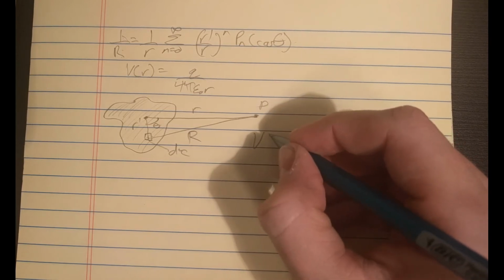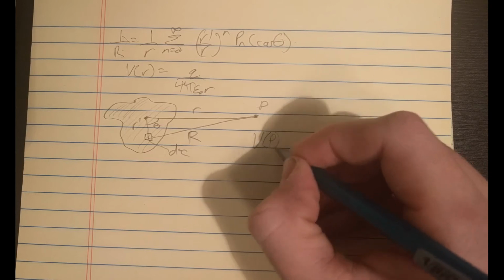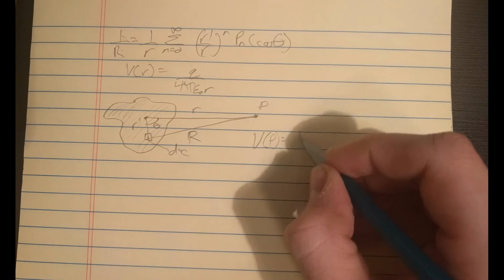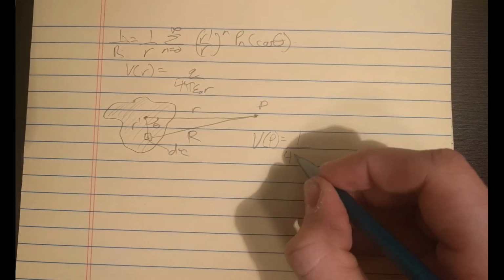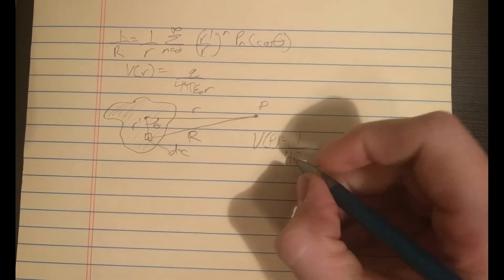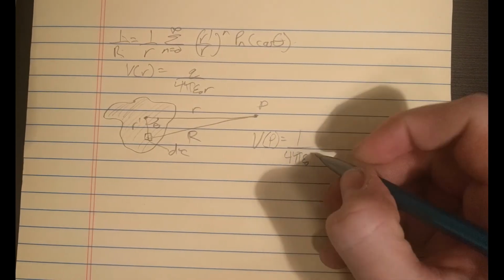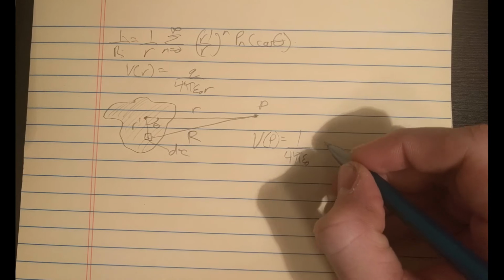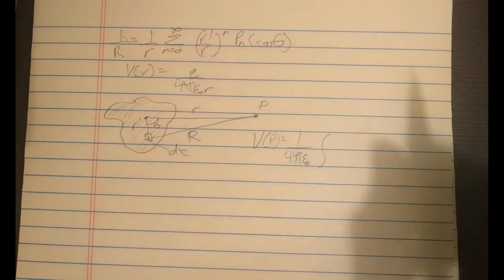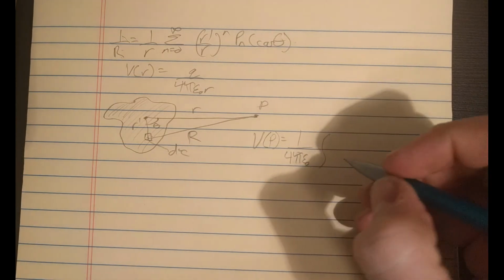Our potential at point P is going to be, we're going to have all its constants out front, 4 pi epsilon naught. And we're going to have to integrate over all space that the blob occupies.